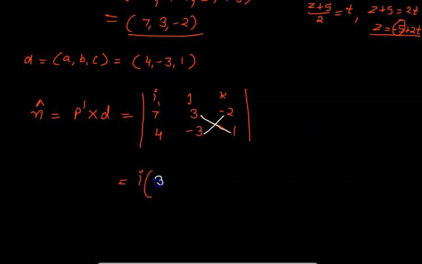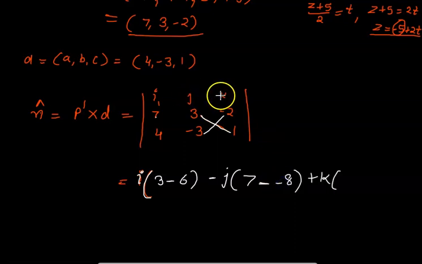So it's 3 times 1 is 3 minus -2 times -3 gives you 6. So it's 3 minus 6. Then j is written with a negative sign. Then you cross out the middle column and the first row. You are left with 7 times 1 is 7 minus 4 times -2 gives you -8.